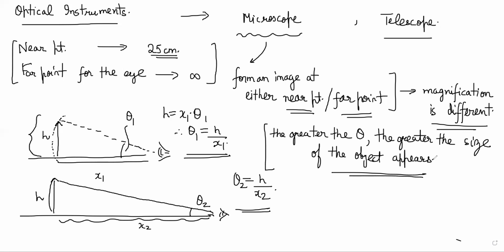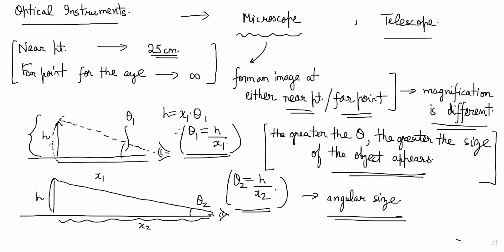In general, what you will do is later when we look at particular instruments, in one case you will measure without the instrument what was the size of the object, and then with the instrument what was the size of the object, right? And all the time we are talking about angular size, right?